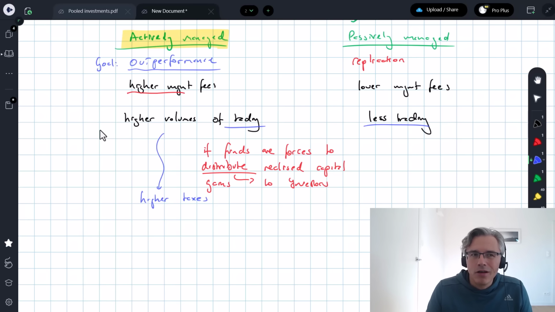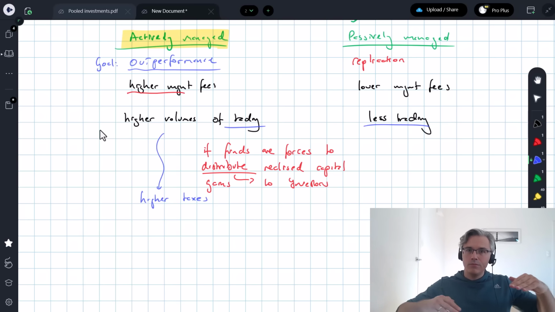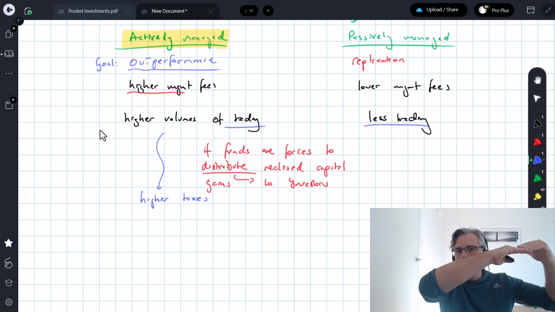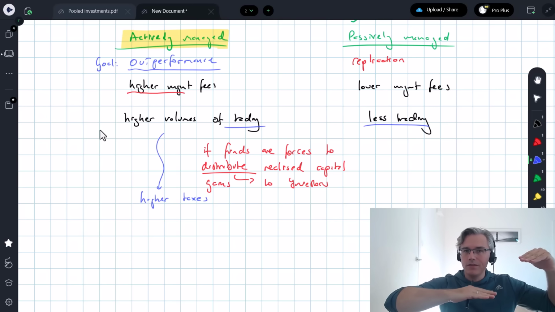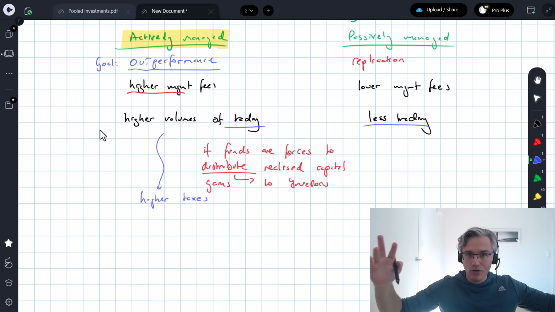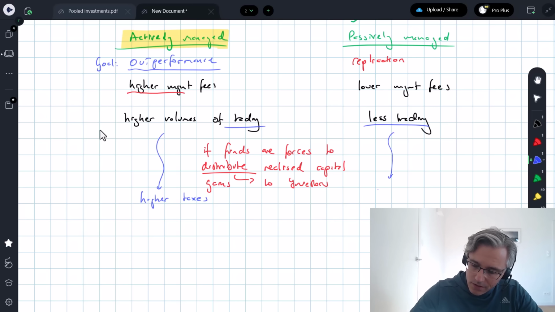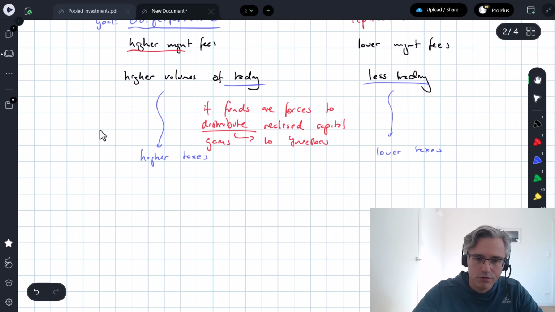So there are gains indeed from the increase in price, but because you're still holding the shares in that passively managed fund, or the fund is holding the stocks long term, those gains are not realized. Hence, definitely lower taxes being associated with this strategy.